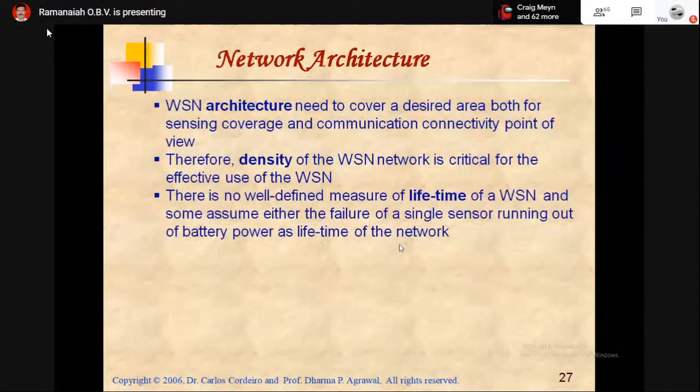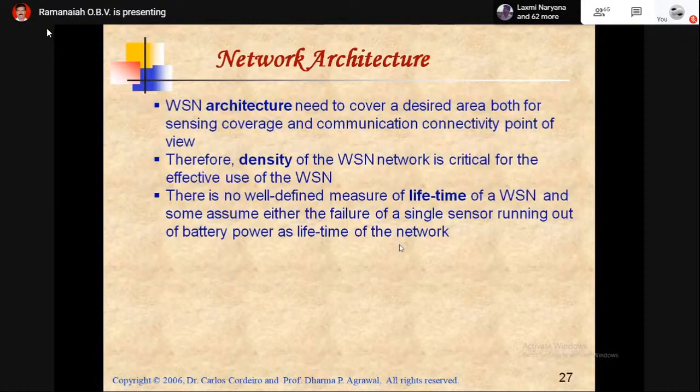So then how do we define the lifetime of a sensor network? Is there a measure? No. It is subjective to the application under consideration. If it is a military application where security of the land or the country is very important, the lifetime of the network is defined like this. A node whose battery level is below 40% or 30% is considered to be dead, right?